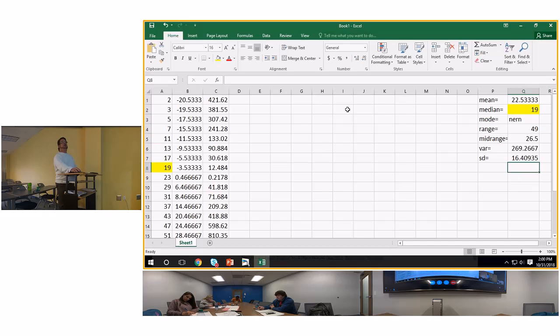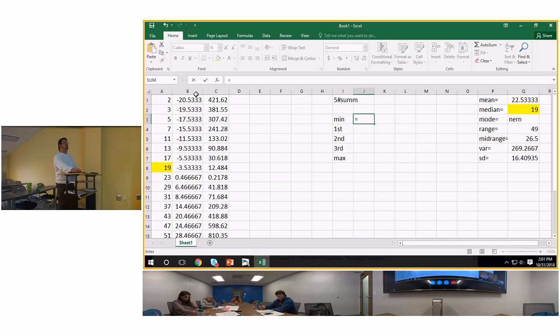So now I'm going to put the 5-number summary right here. I'm just going to put min, first, second, third, and max. And of course the min, we don't have to even calculate.